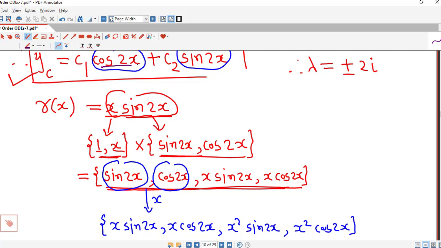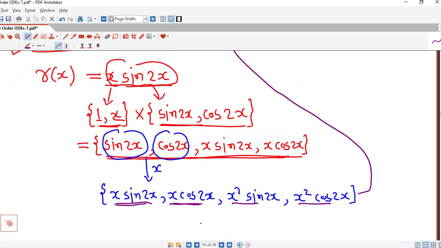In the complementary function we have cos 2x and sin 2x, and there is no match with those two functions, or no member of this family is present in the complementary function. So this is the proper family for the choice of particular integral.